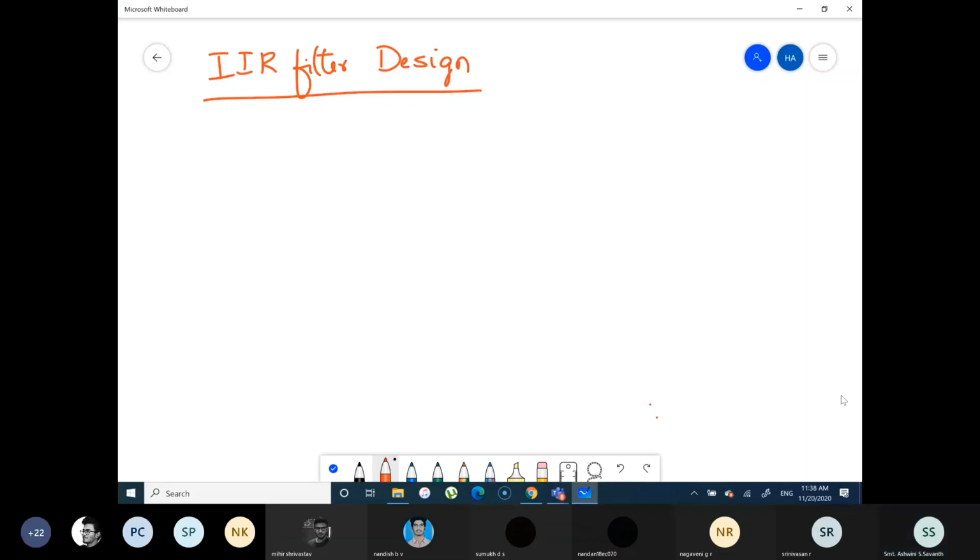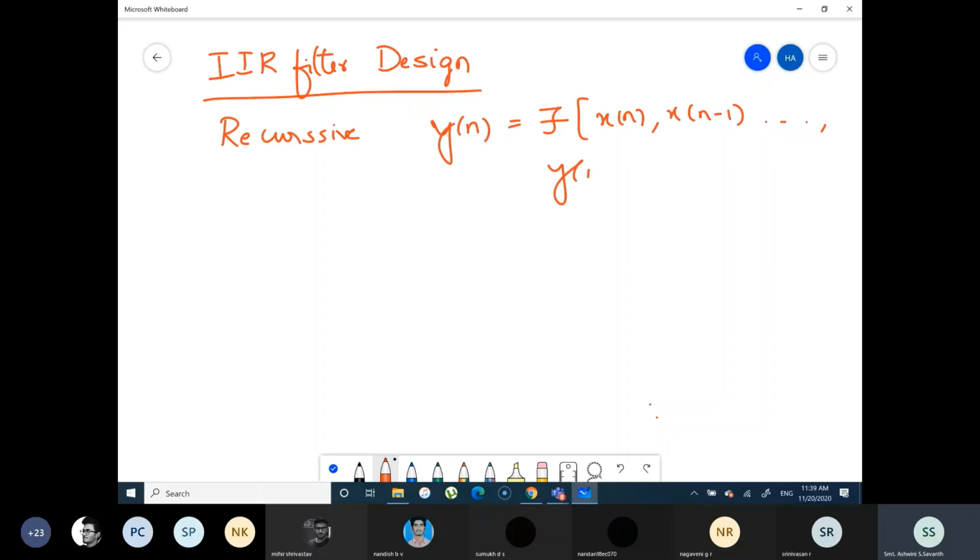So the IIR filter is a recursive filter. We have talked about this before. So what is a recursive filter? A recursive filter is one whose output will be a function of the input, past inputs, and past outputs.